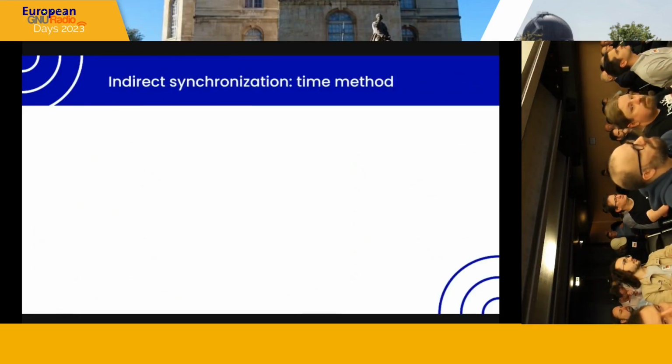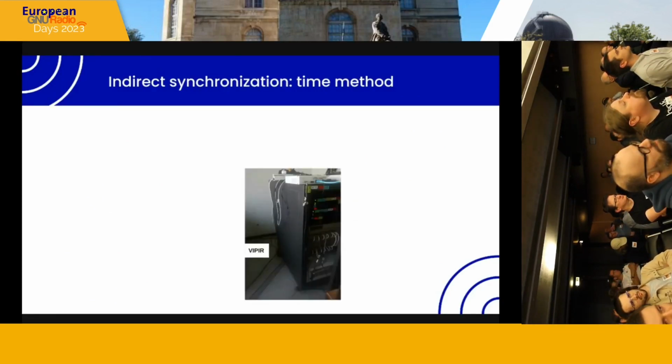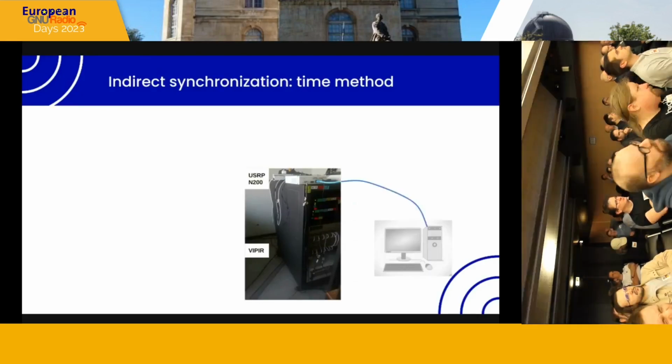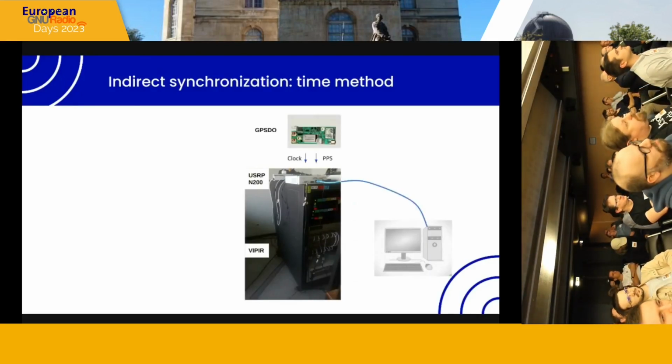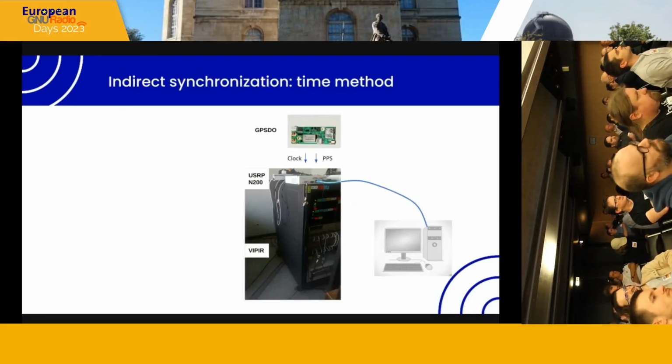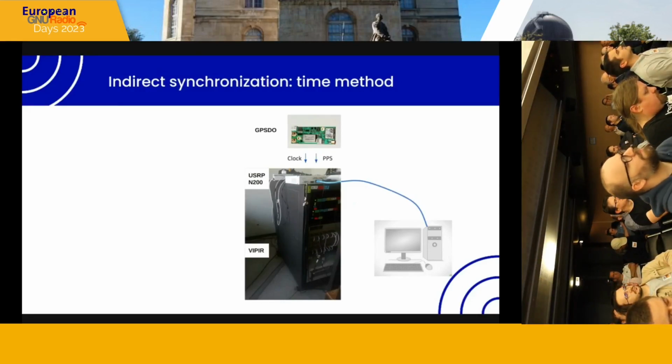Then for the second synchronization, I call it an indirect synchronization method. Now we also have VIPIR, the USRP N200, and we are using a GPSDO in this case. Why are we using GPSDO? Because this USRP will be far from the transmission. We want to prove a new way of acquisition, so we are using this GPSDO.